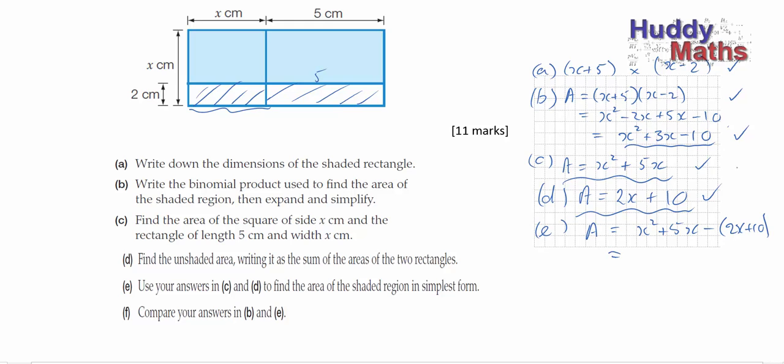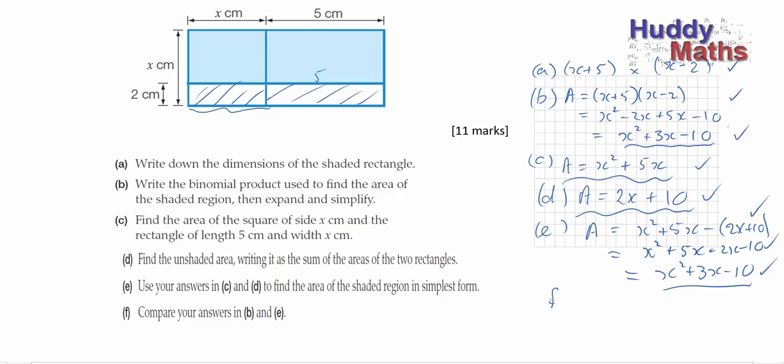And so if we look at that, so there's 1 mark for that, it's x squared plus 5x, take 2x, take 10, which is x squared plus 3x, take 10. So it's 1 for that, 1 for that, 1 for that.